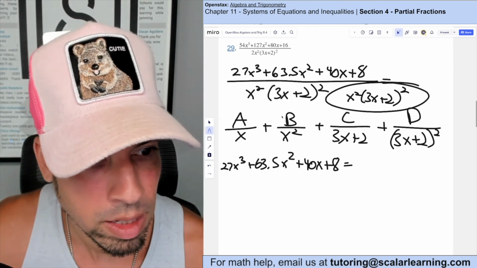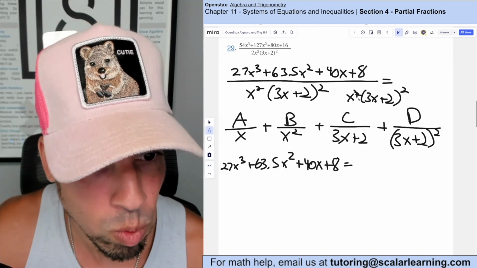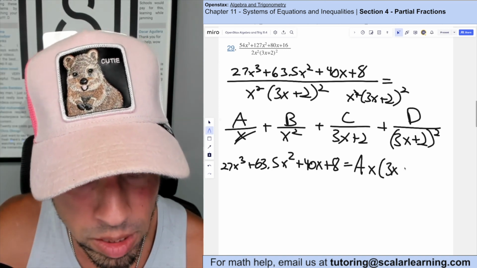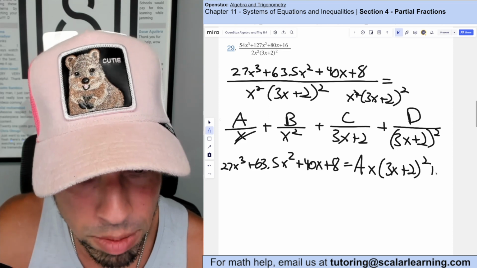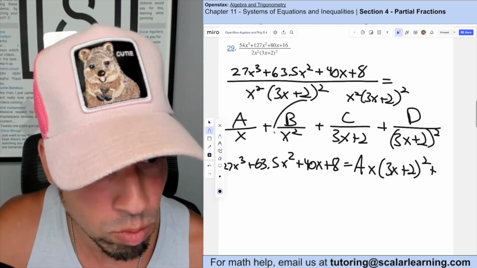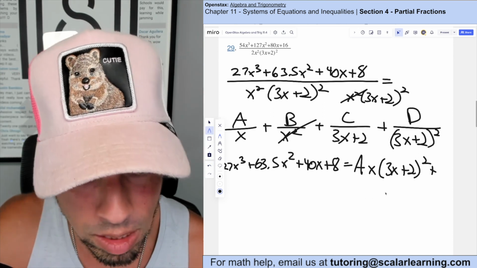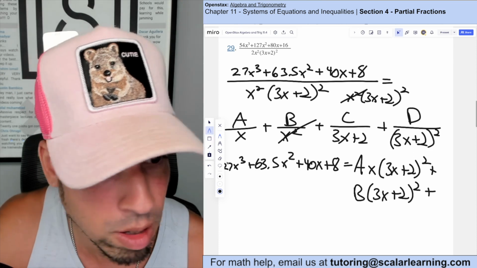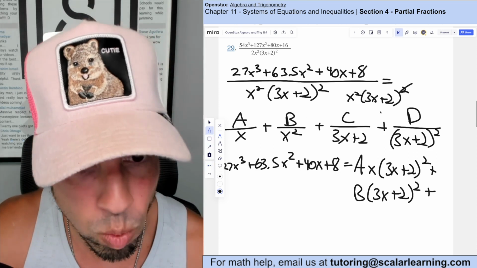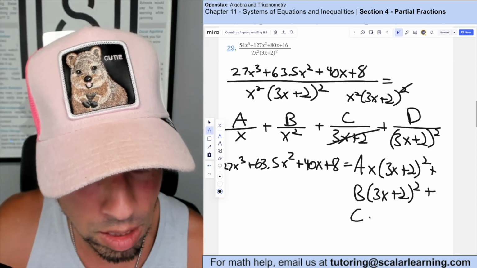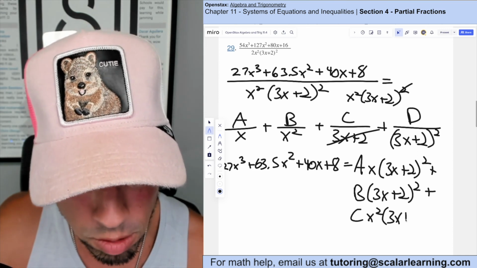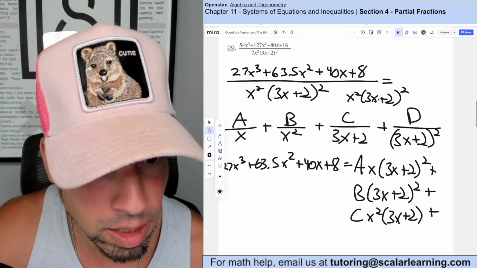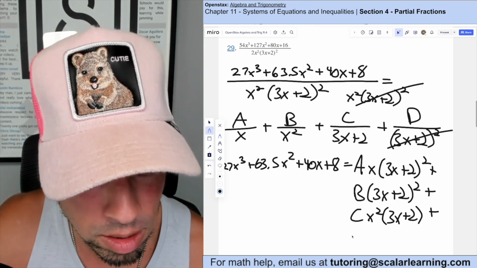So when I multiply this times A, you can see one of the x's is going to cancel out, and so I get A times x times 3x plus 2 squared, plus, then I multiply against B, this term, and these are going to completely cancel out, and we get B times 3x plus 2 squared, plus C times this one, and one of these is going to cancel out, and we get Cx squared times 3x plus 2. Last but not least, I multiply against this one, and these completely cancel, and I get Dx squared.